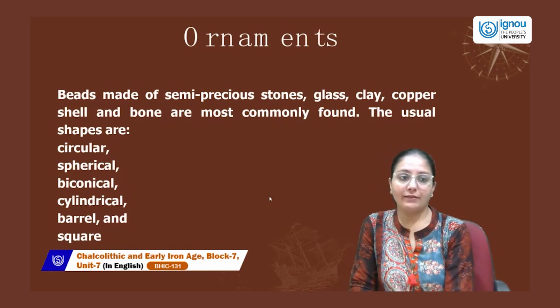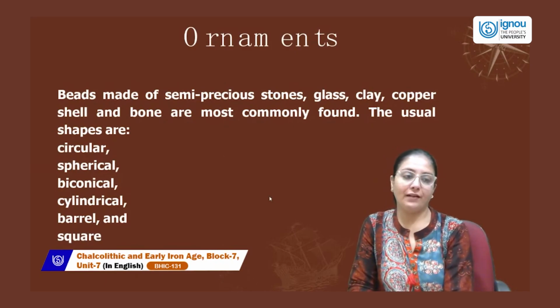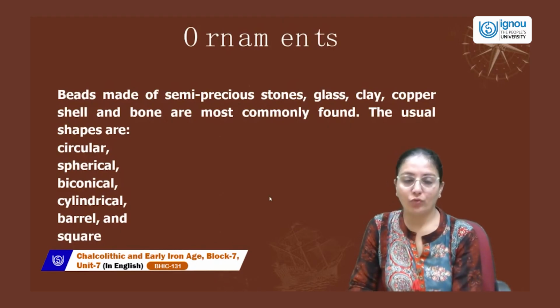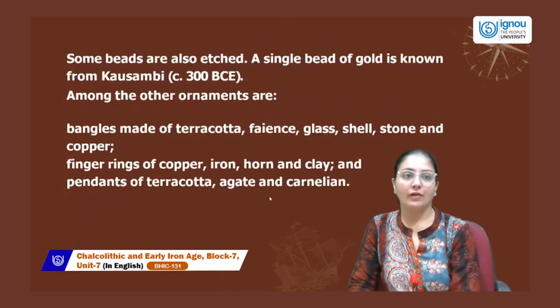The usual shapes are circular, spherical, biconical, cylindrical, barrel, and square. Some beads are also etched. A single bead of gold is known from Kaushambi.